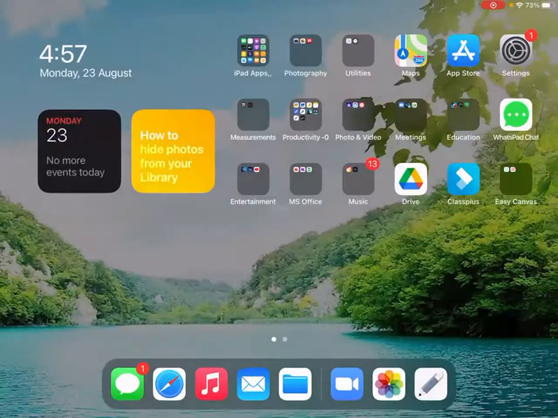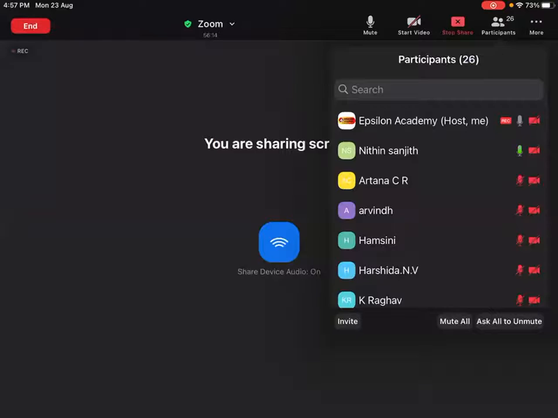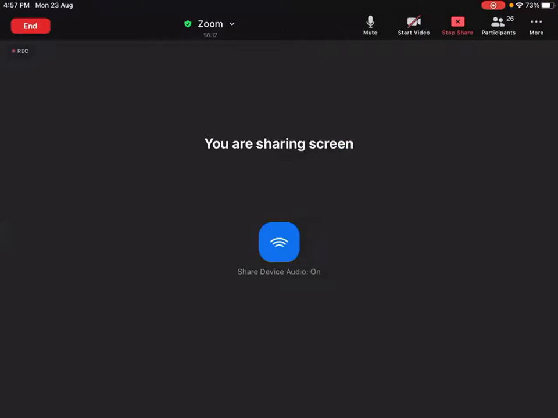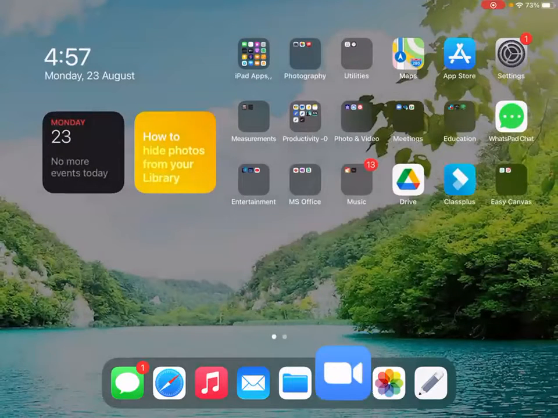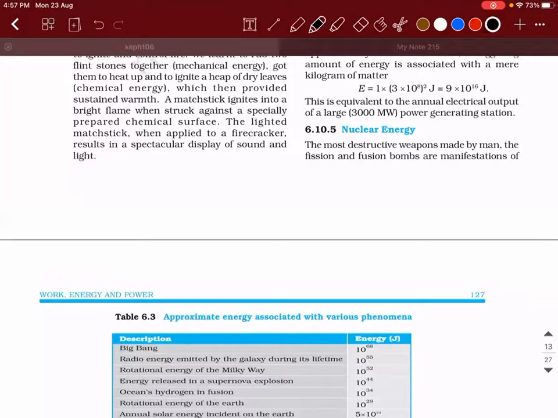Sir, in that inclined plane sum, why did we take acceleration as g sin theta? Because, see, in an inclined plane, theta is there. If the object of mass m is kept here, then mg will act in this direction, mg cos theta will be in this direction, and mg sin theta will be in this direction.